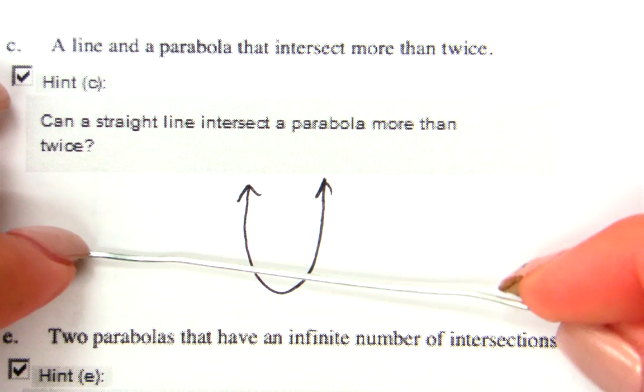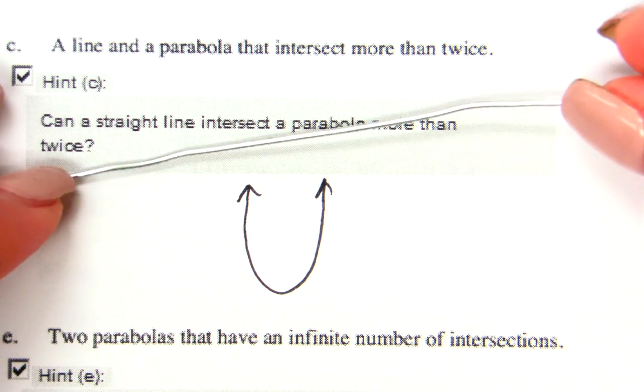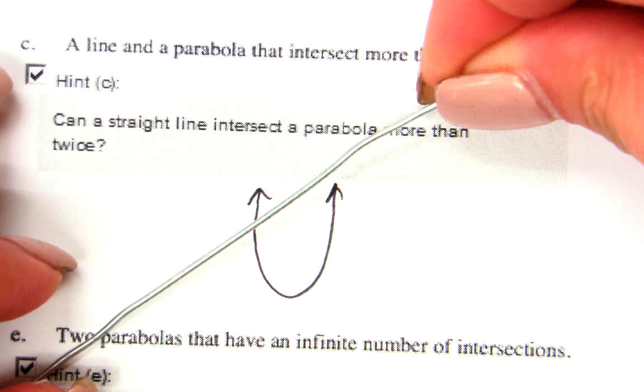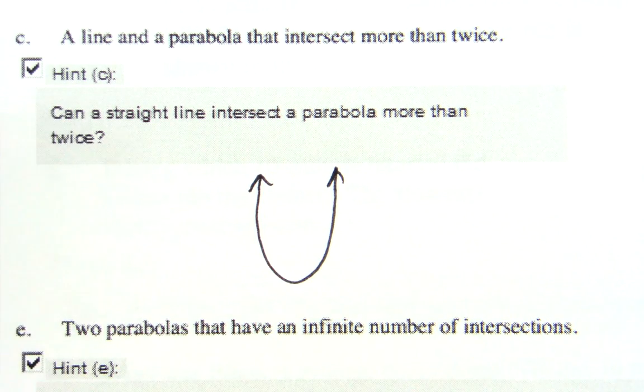No matter where I put this line, if I go down, if I go up, it's still going to touch only twice. If I move it this way, it's going to touch twice. This way, it's touching one time. So the reality is you only have one try or two, and that's pretty much it.